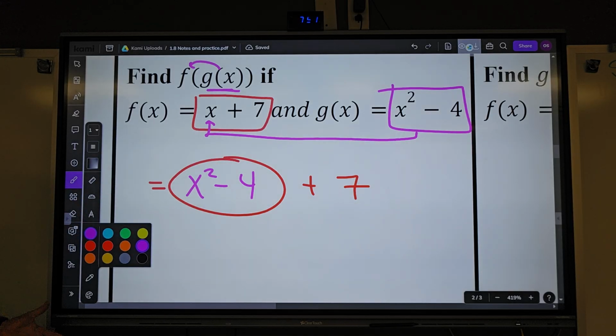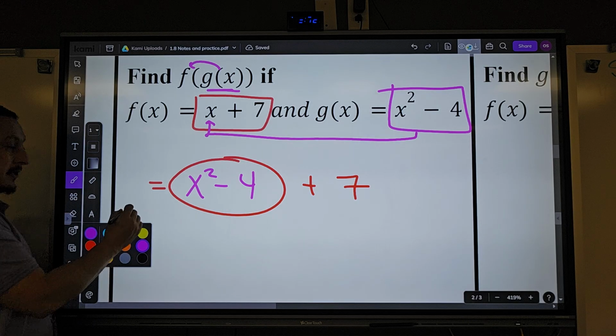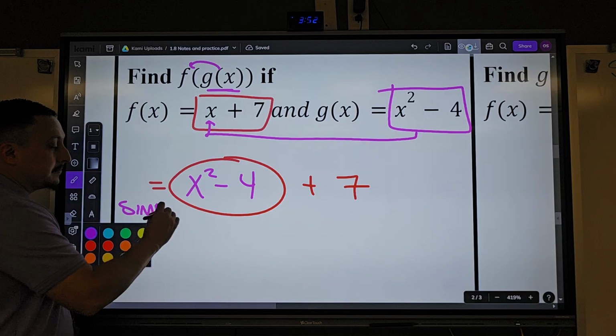So right there, we just composed two functions. We got two fused together, okay? And they created a brand new function, okay? So if you got the gist of what we just did, that's the main idea. That's what composing function is, okay? After that though, we do simplify.